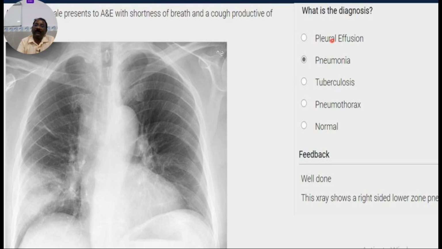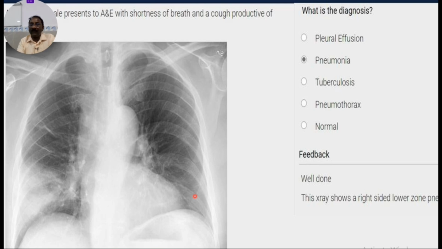Suppose pleural effusion. So where are you supposed to see the pleural effusion? Yes, this is sharp. Here the costophrenic angles are sharp. Okay. And about the tuberculosis, mostly the upper lobe pathologies. Of course, lower lobes are also common in elderly individuals, alcoholics, diabetics, and HIV individuals, HIV positive or AIDS.